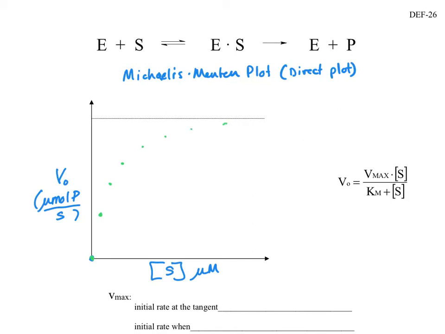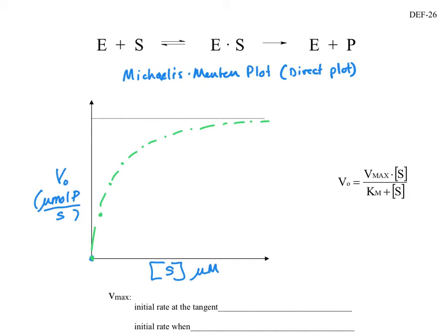What we end up seeing is something that looks like this. I'll try to connect the lines a little bit here. What we can see is that as we increase substrate concentration, velocity increases, and eventually levels off at some maximal velocity.